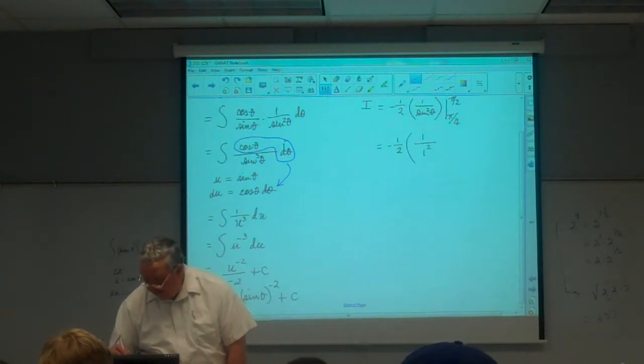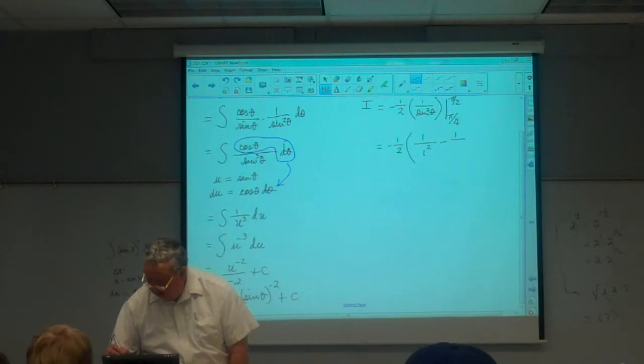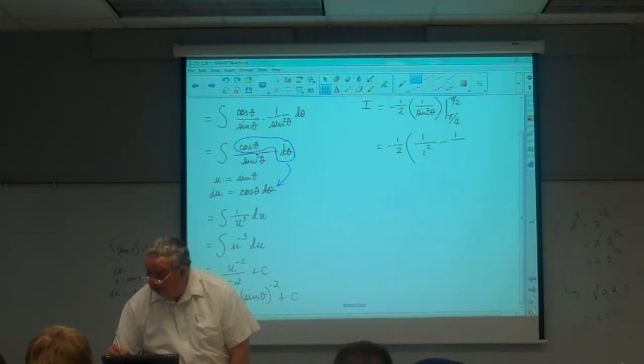Right. And this then is plus, minus 1 over the sine squared of pi over 4. Yeah, 1/2. Which is, yeah, square root of 2 over 1.